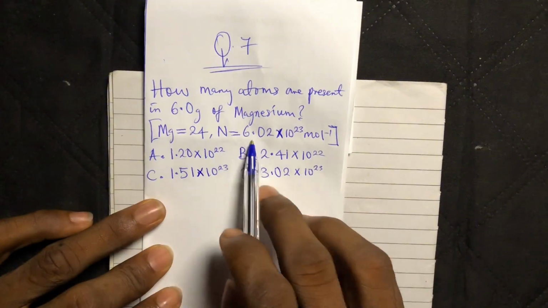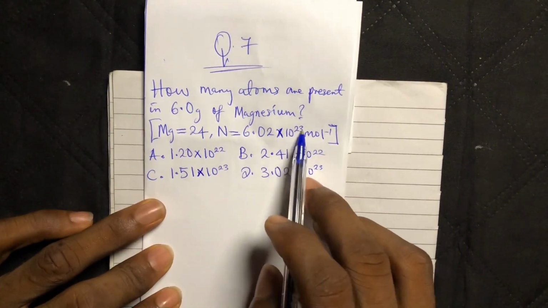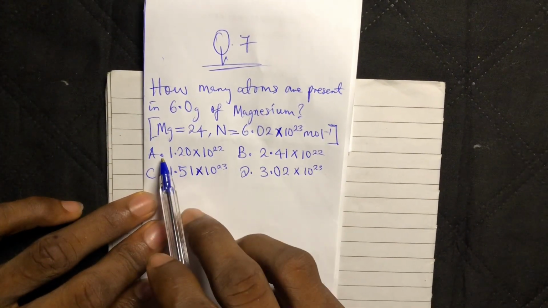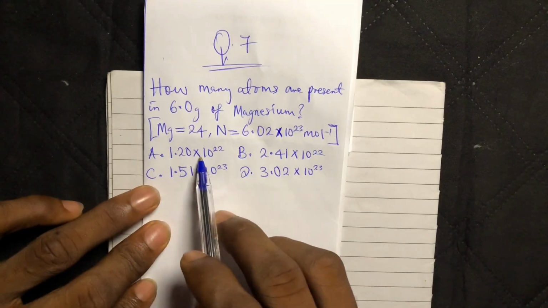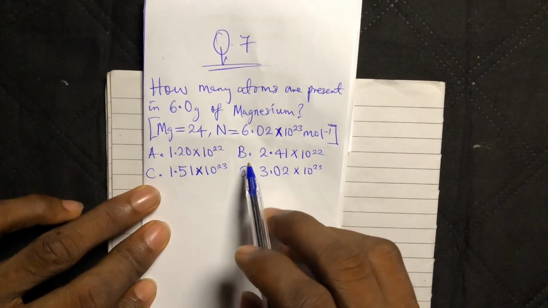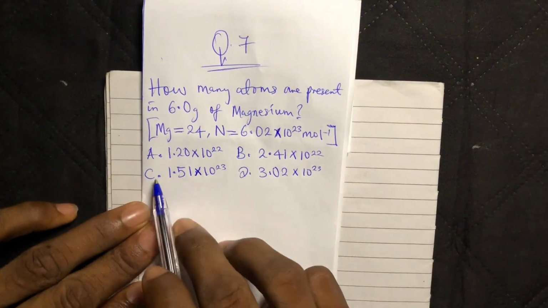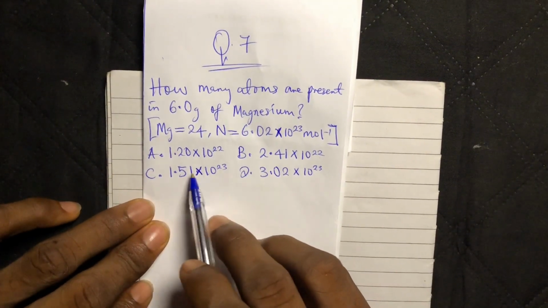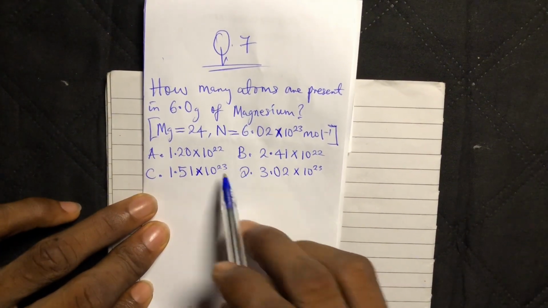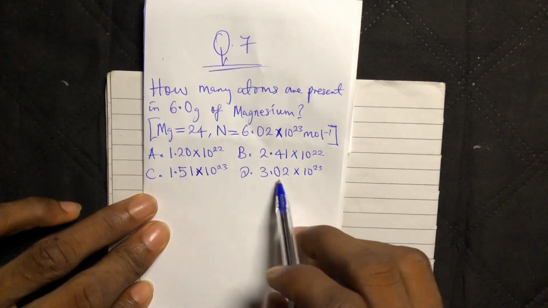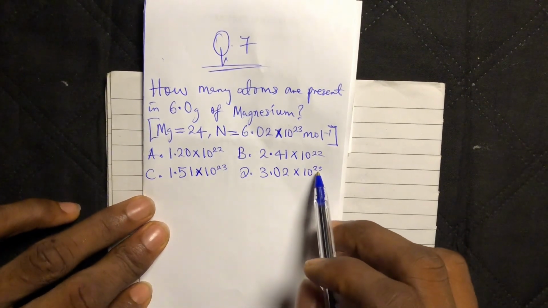So it's 6.02 times 10 raised to 23. In our options, we have option A to be 1.20 times 10 raised to 22, option B to be 2.41 times 10 raised to 22, option C 1.51 times 10 raised to 23, and option D is 3.02 times 10 raised to power 23.